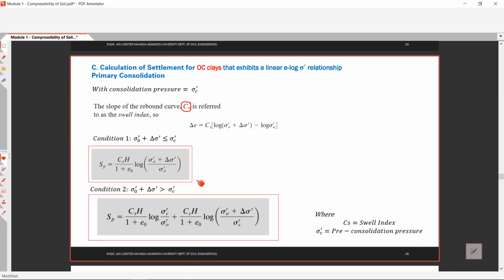Okay. For condition 2 naman, this is the time na yung effective overburden pressure mo plus the induced pressure at the ground surface is greater than the pre-consolidation pressure.